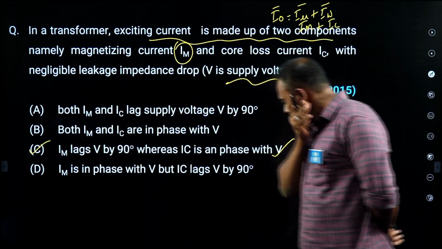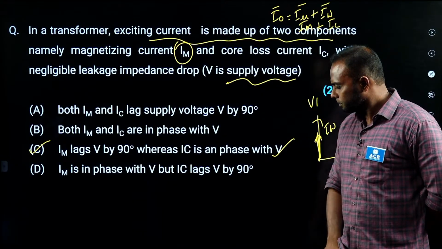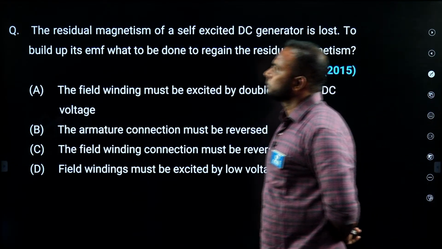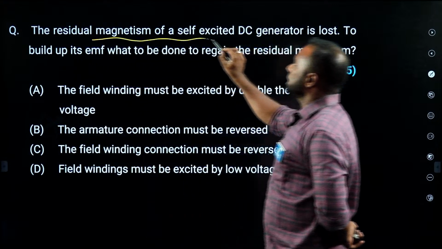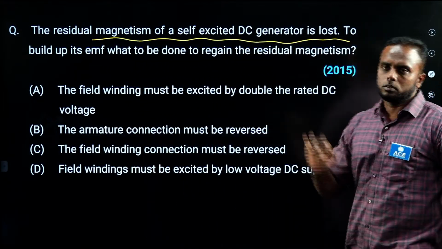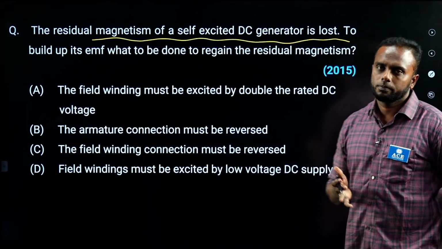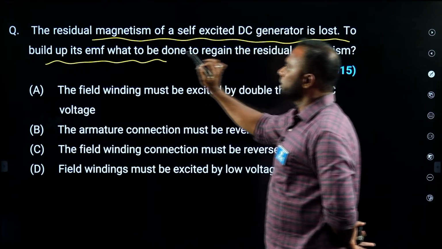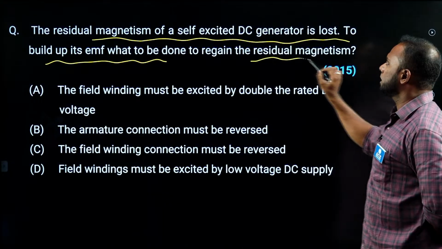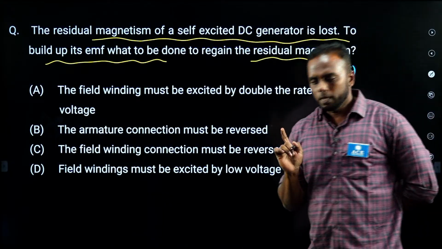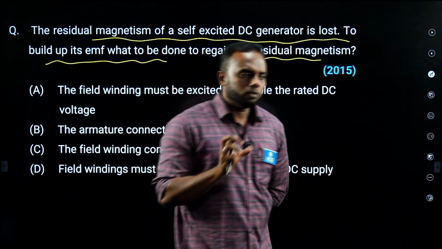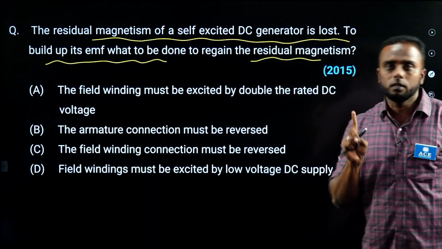Right. Next question. See this question. The residual magnetism of a self-excited DC generator is lost, meaning residual flux becomes 0. Then to build up its EMF, what is to be done to regain the residual magnetism? In order to build the voltage again, we have to recreate the residual flux, and one of the methods we use is the field flashing method.